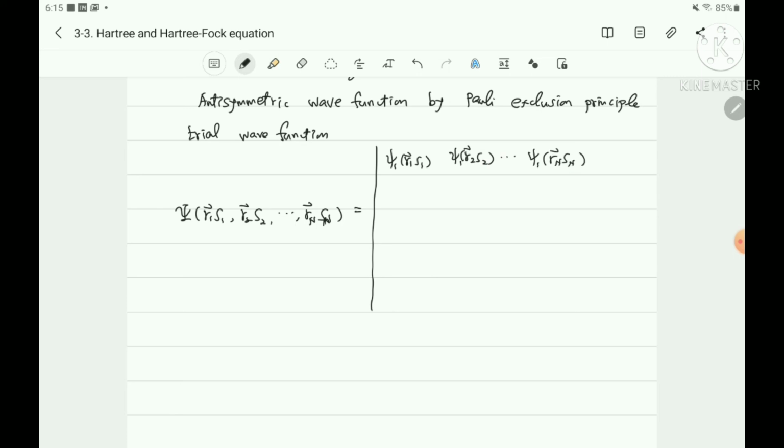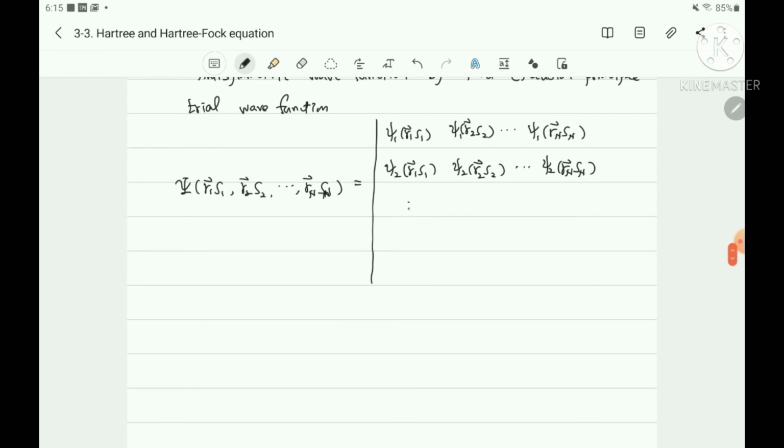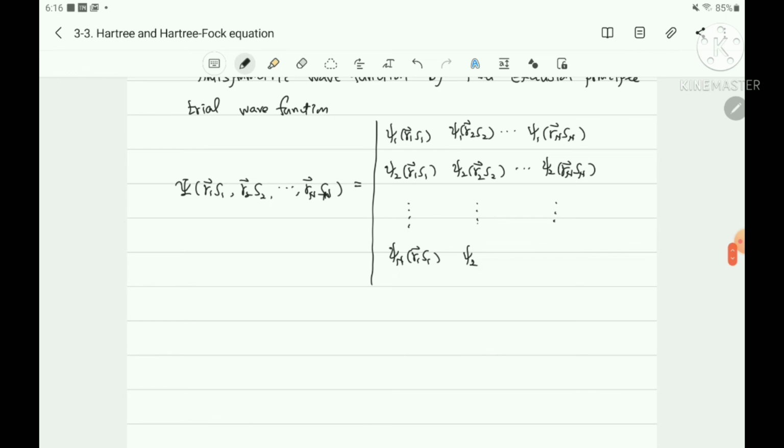One electron may have a different site and a different spin. For the second electron, psi 2 of R1, S1, psi 2 of R2, S2, and so on, up to psi n of R1, S1, psi n of R2, S2, psi n of Rn, Sn. We call it a Slater determinant.